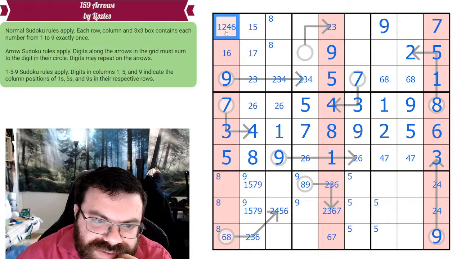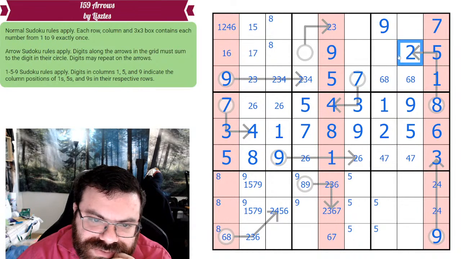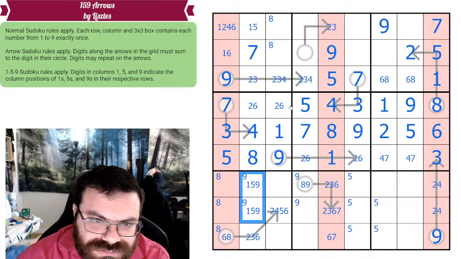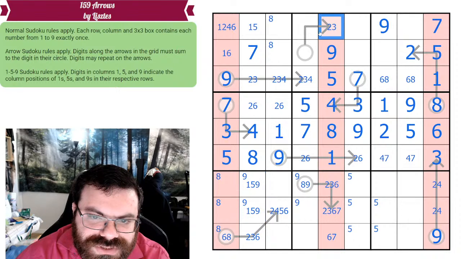If that were a 1, that would be a 2. Oh, this can't be a 2. Why can't that be a 2? Oh, it sees a 2. So this is 7. So there's a 2 in one of these two.